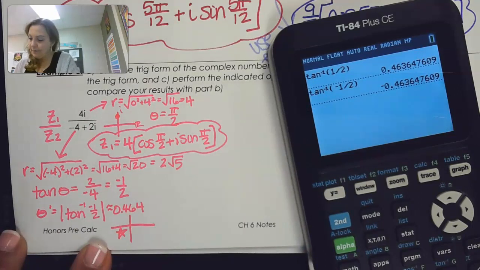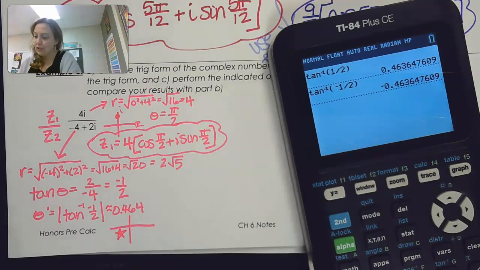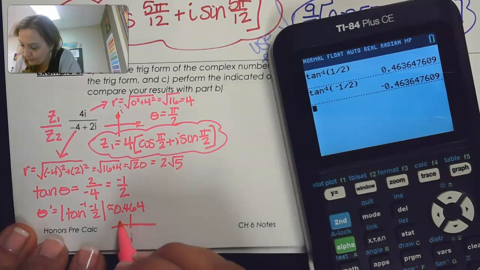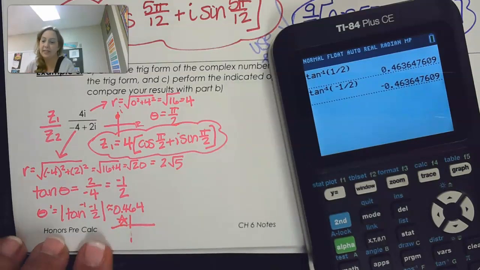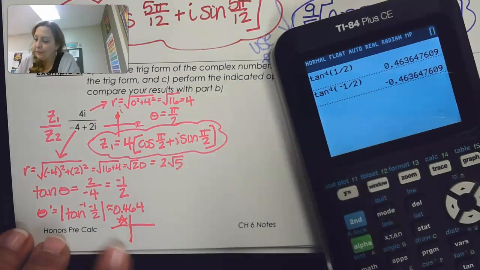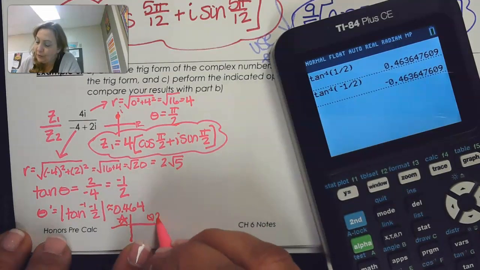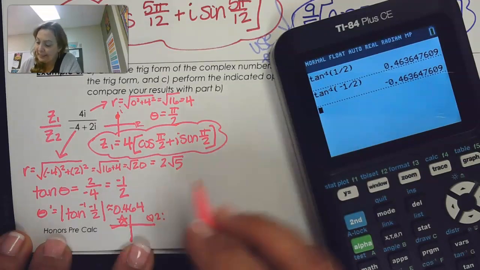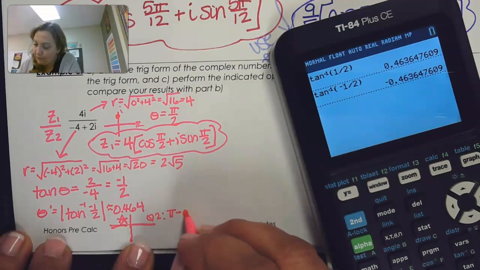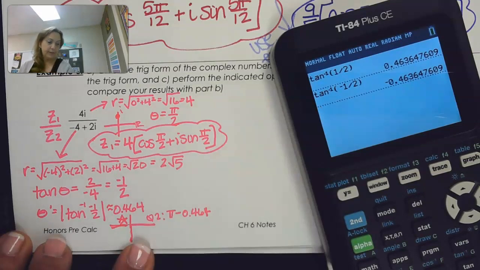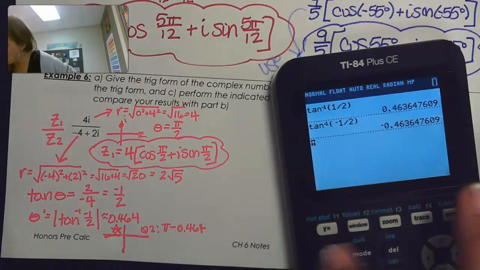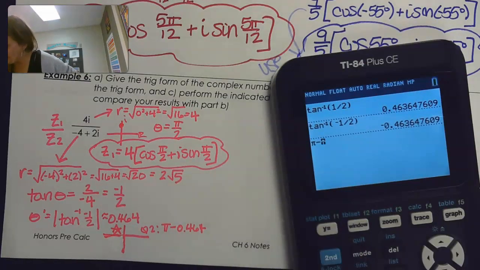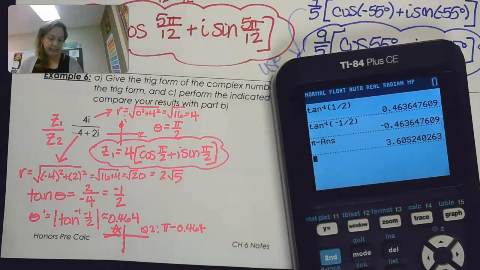And so, oh no, it's not. It's going to land in quadrant 2, because they're not both negative. So -4 plus 2, I would end up here. Okay, so that's going to be in quadrant 2. So because it's in quadrant 2, remember, I would need to take pi minus that 0.464. Okay, so if I took pi minus that answer, that gives me, oh, what's happening?